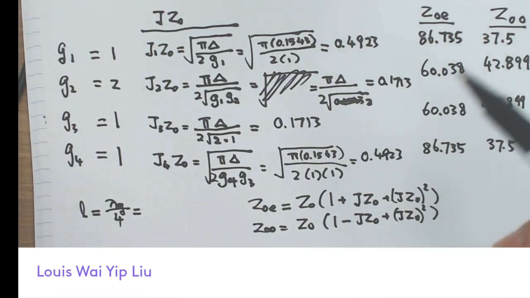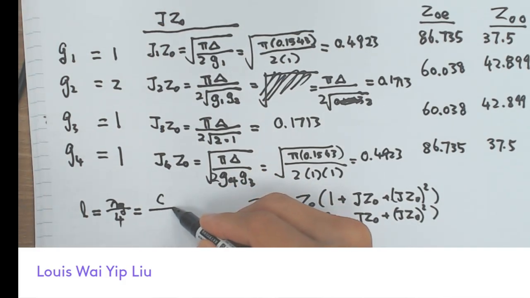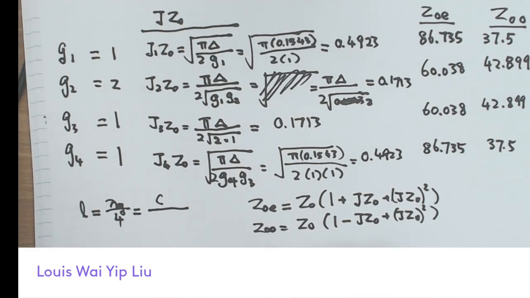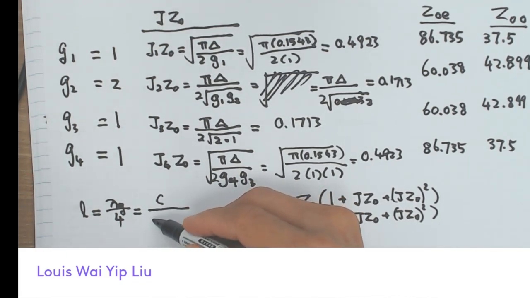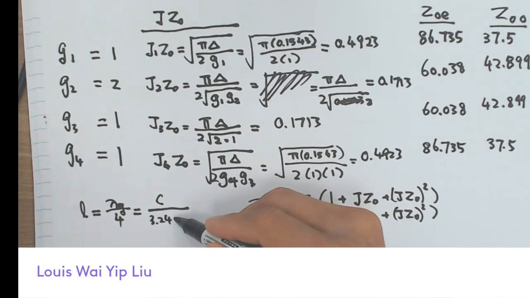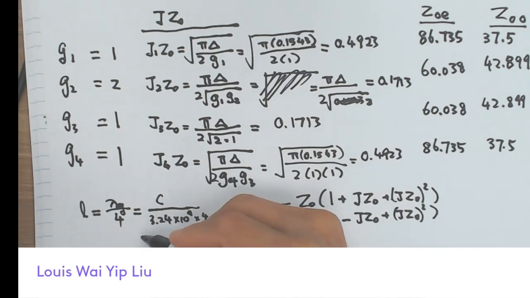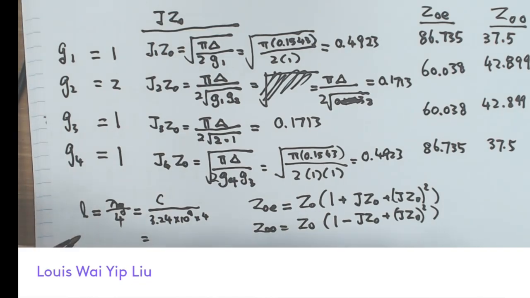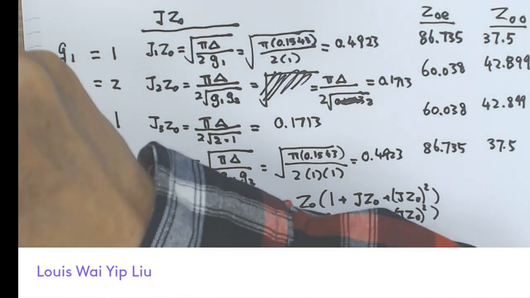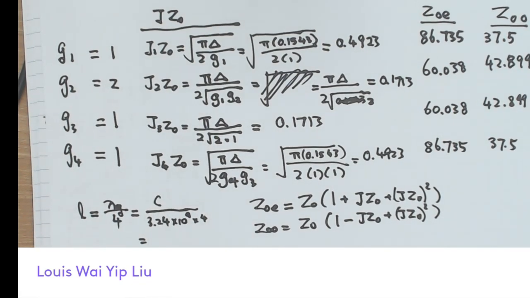So we can just simply use C as the propagation velocity. And the frequency will be 3.24 gigahertz as we have done before, and times 4. So from here, if you do it very carefully, you will find the length of the resonator.